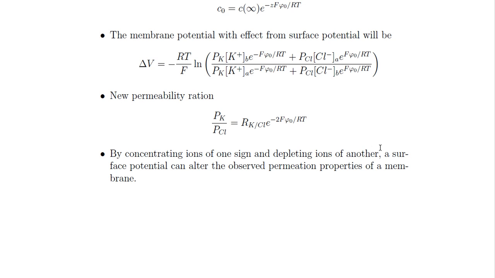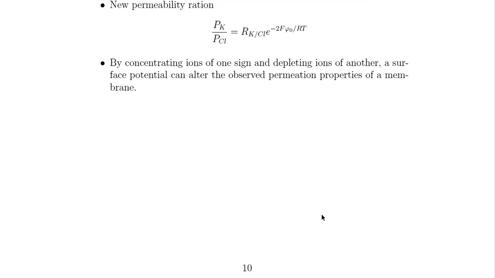Let's say we increase the surface potential through the experiment, so that we can see the permeation properties of a specific ion. We can calculate or measure the permeation of that specific ion.